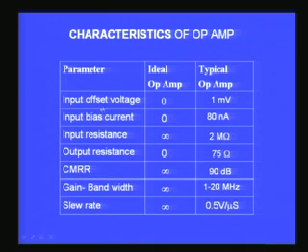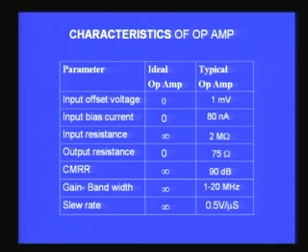So if you look at, for example, the input offset voltage, ideally the offset voltage should be 0. You know by now that the input offset voltage is the voltage which I should provide at the input to make the output become 0 when there are no more signals applied.